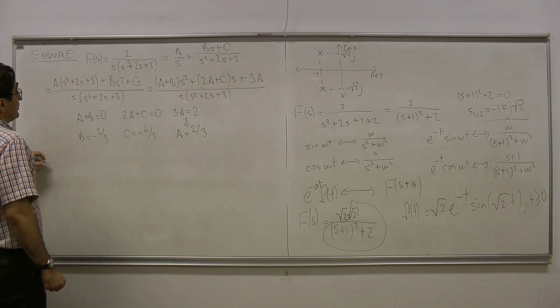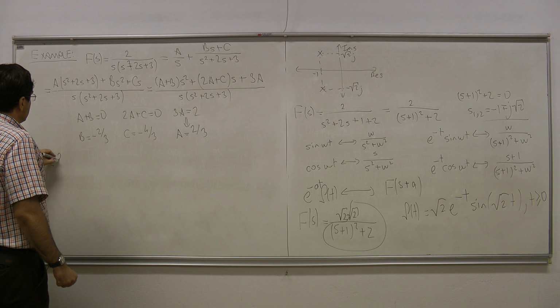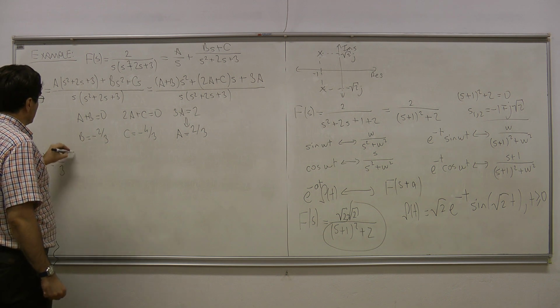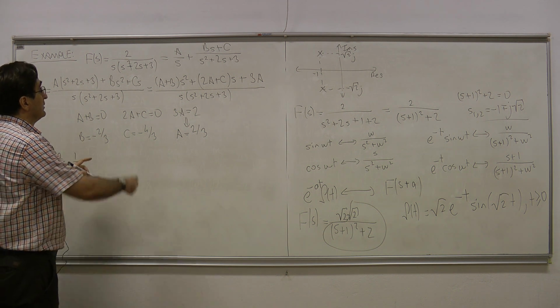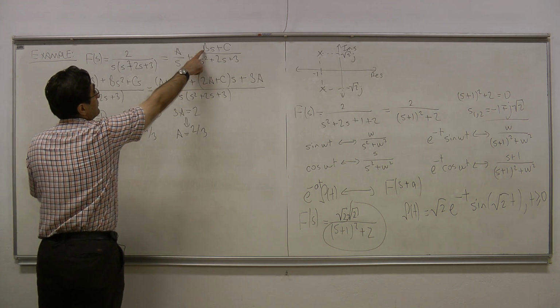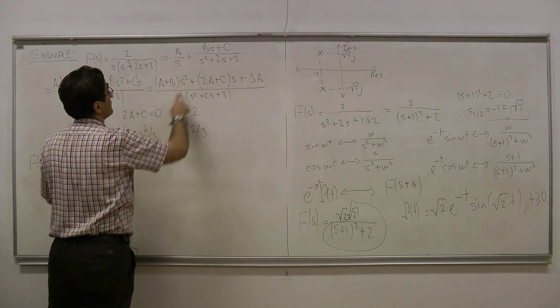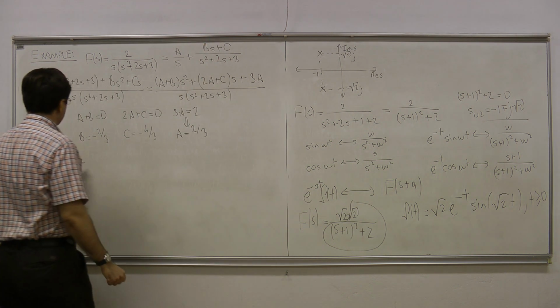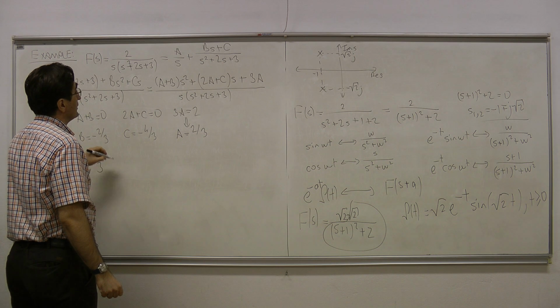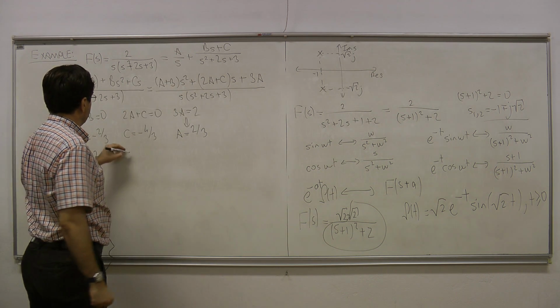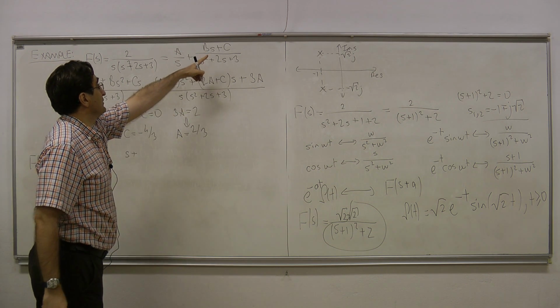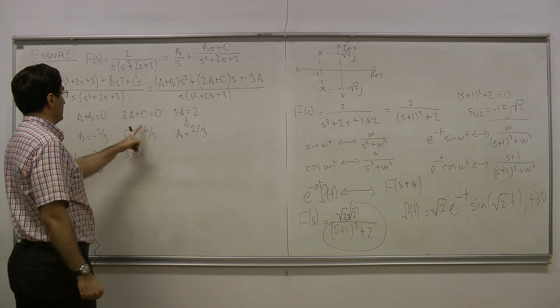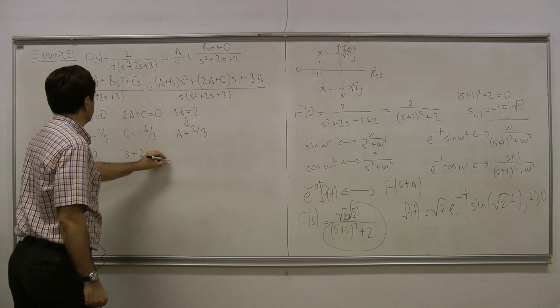So in that case, F of s is going to be 2 over 3 times 1 over s, and b is minus 2 over 3 here, and c is minus 4 over 3. As a result, here I can take minus 2 over 3 in parentheses, and here I would have s plus, instead of c, in minus 2 over 3 parentheses, this is going to be 2.